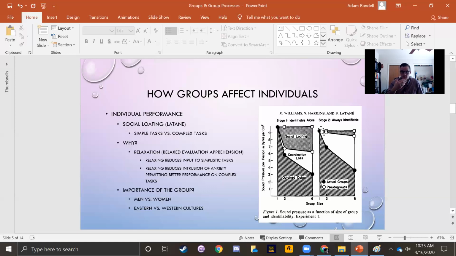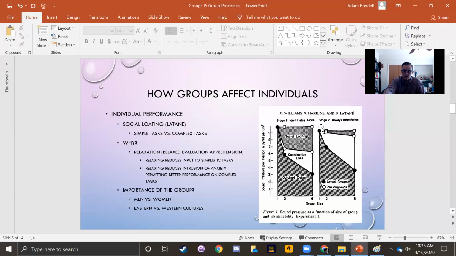All right. So again, asked each individual to yell as loudly as they can by themselves. They then, in order to calculate up this square, which you can barely see back here, they added up what 2 people's individual shouting output would be. And then to calculate this one, they added up what 6 individual outputs would have been.